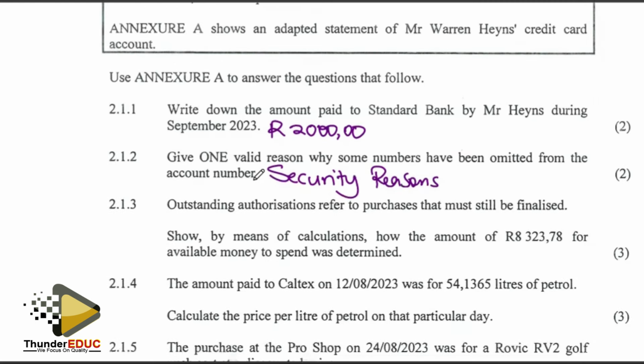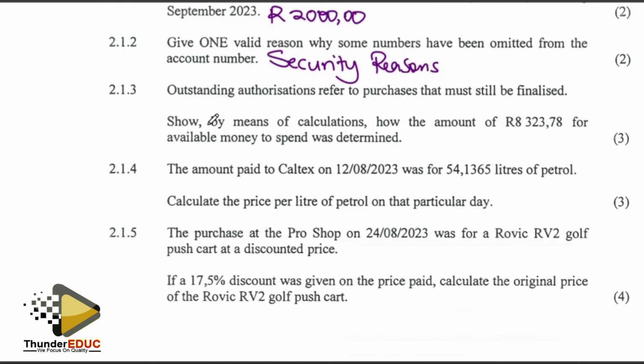There you go. Then we have this other one here that says outstanding authorization refers to the purchase that will still be finalized.